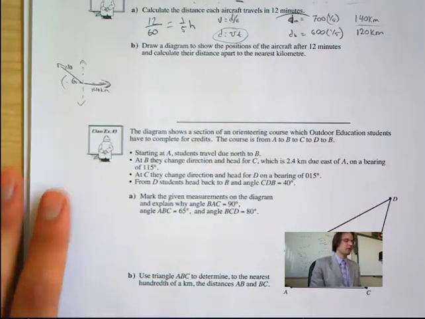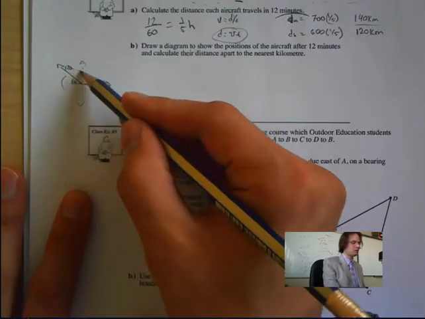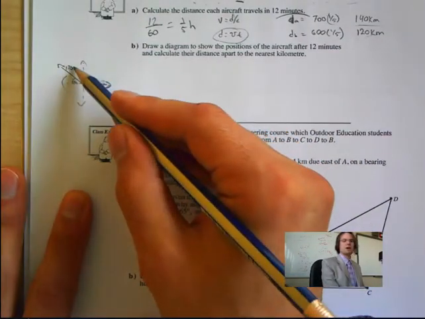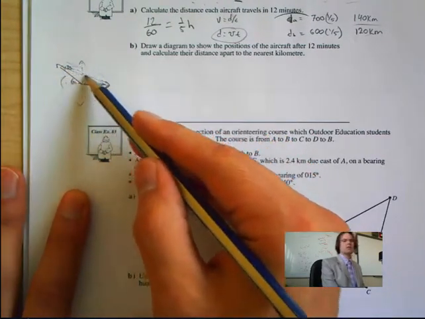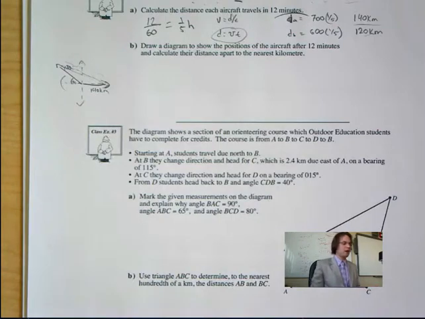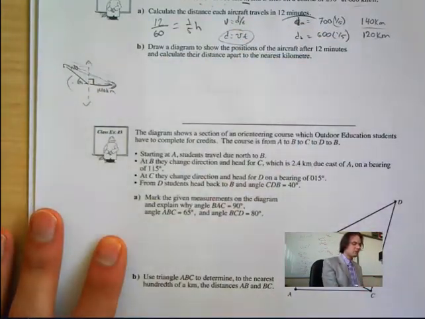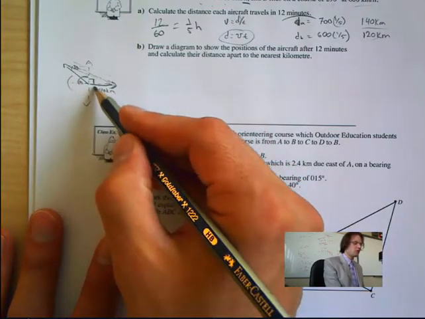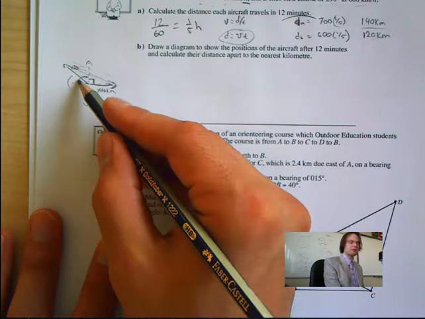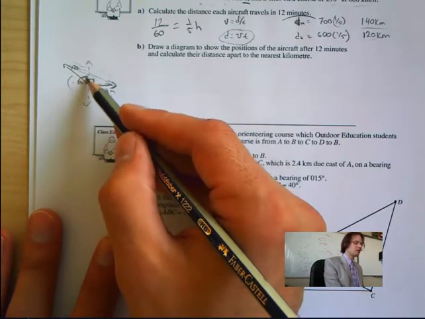Now, if I look at this, we want to know the distance after 12 minutes. So we want to know this line right here. How do we find that line? I know this is 90 degrees. And what is this angle? If 290 is 20 past 270, well, that means there's another 70 here. This is 70 degrees.